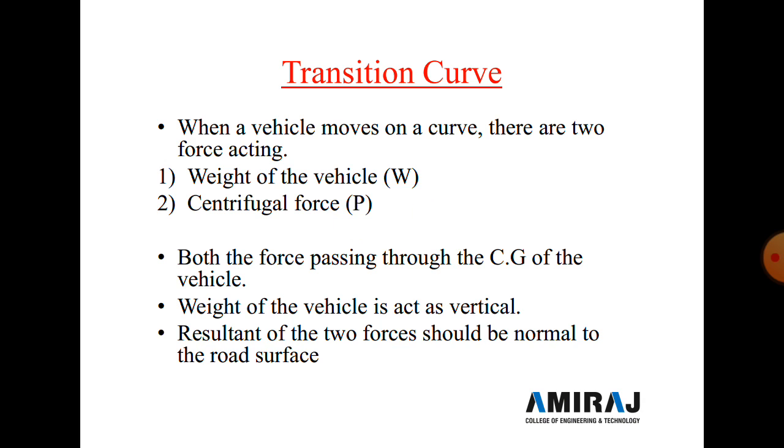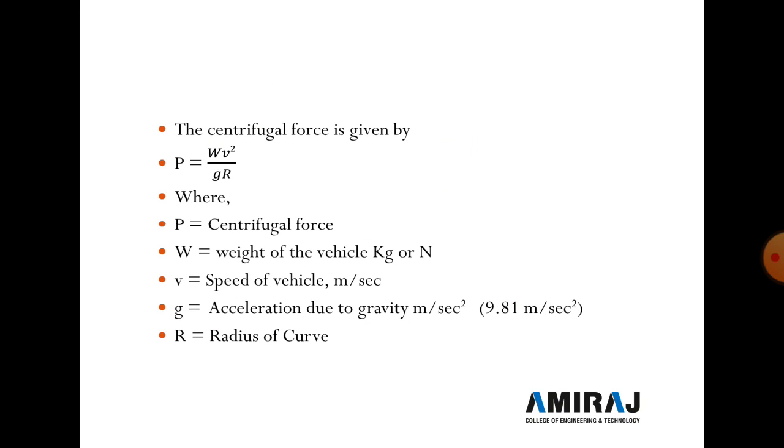Both forces pass through the center of gravity of the vehicle, and the weight acts vertically. The resultant of the two forces should be normal to the road surface, and here the centrifugal force P is equal to WV square divided by gR.